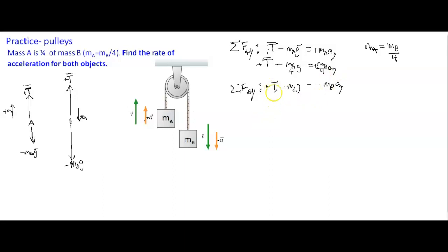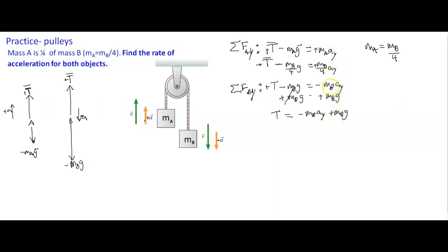Okay? So I'm going to add MBG to both sides. And when I do that, it gets rid of it from the left side. So now I'm going to have a tension equal to MBAY plus MBG.